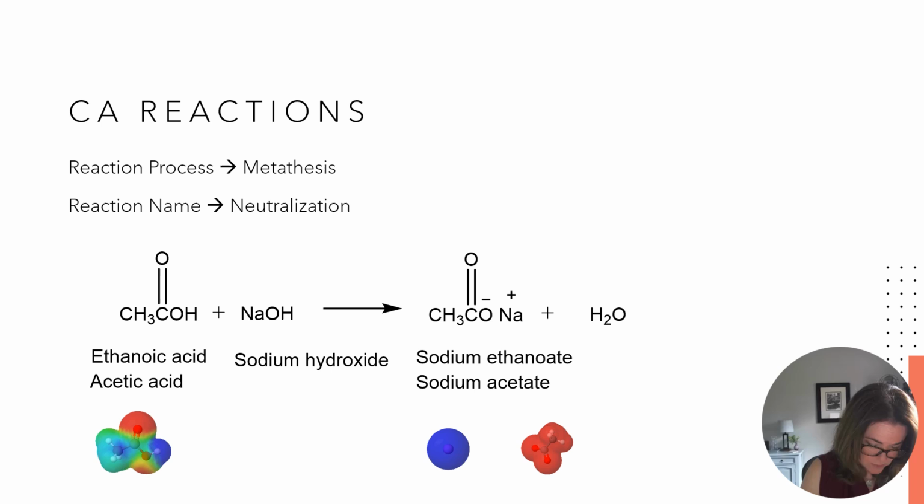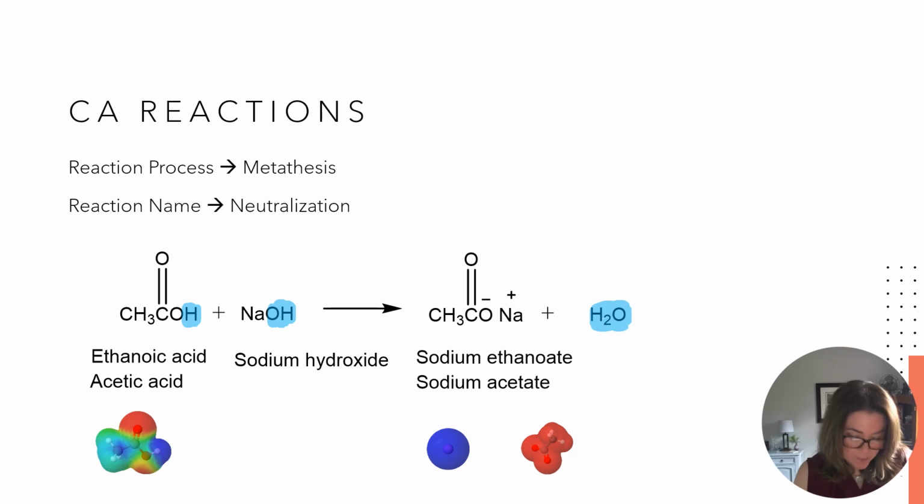Now, notice what happens here. And again, this should be a refresher and a review. The acidic hydrogen reacts with the hydroxide from the sodium hydroxide to give us our water.